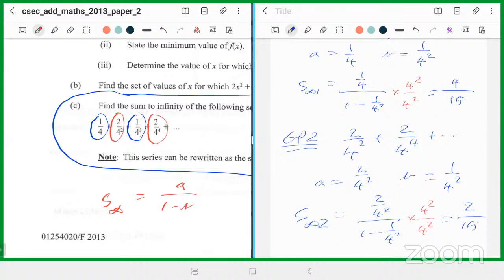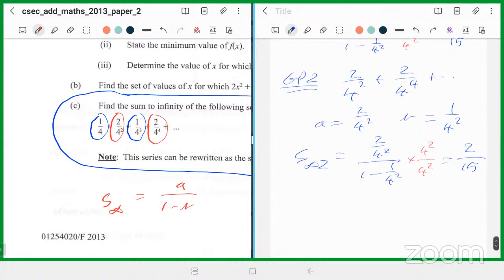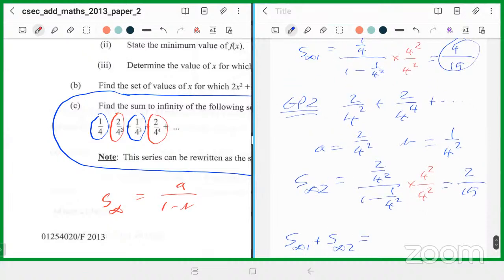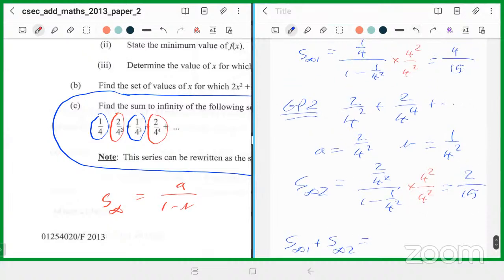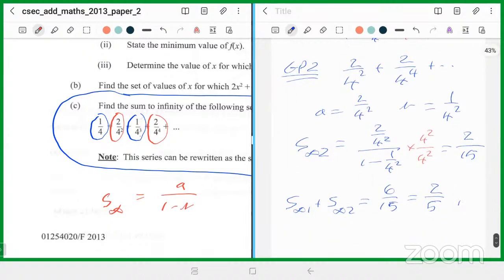And so now the sum of the two of them is to add these two, which gives me 6 over 15. So the sum to infinity 1 plus the sum to infinity 2 becomes this plus this, which is 6 over 15. And if we reduce that by dividing numerator and denominator by 3, it becomes 2/5. 2/5, and that's the answer.